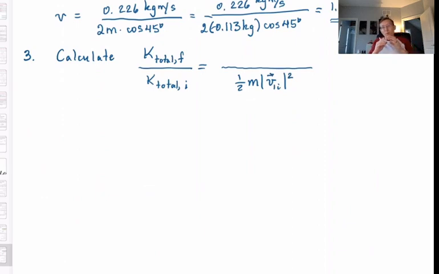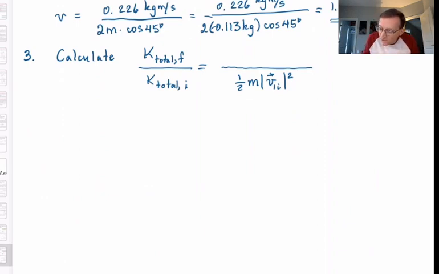Now let's think about K total final. Okay, after the collision, they're both moving. Particle 1's moving up into the first quadrant at 45 degrees to the x-axis. Particle 2's moving into the fourth quadrant at 45 degrees. So they both contribute to the kinetic energy, but they have the same speed, same magnitude of velocity, and they have the same mass.